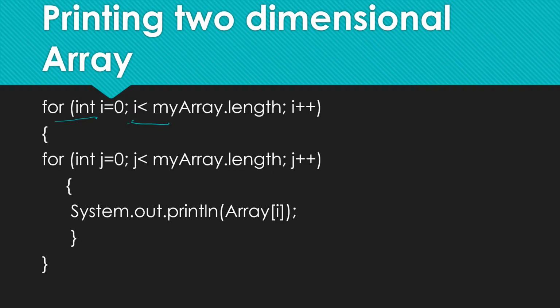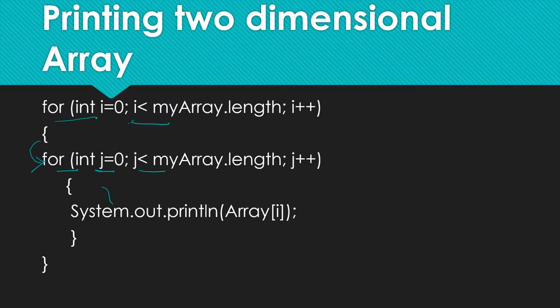And then as soon as it goes inside the for loop, another for loop gets executed. Here we are taking another index as j. We are initializing it to 0, and then we are checking again whether j is less than the length of the array, and then it comes here.